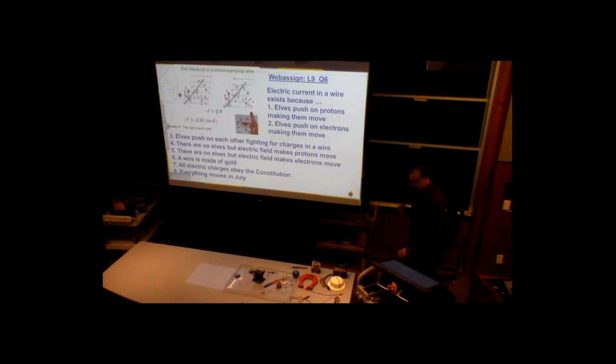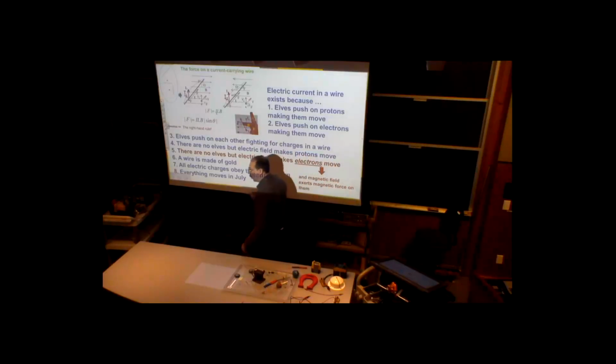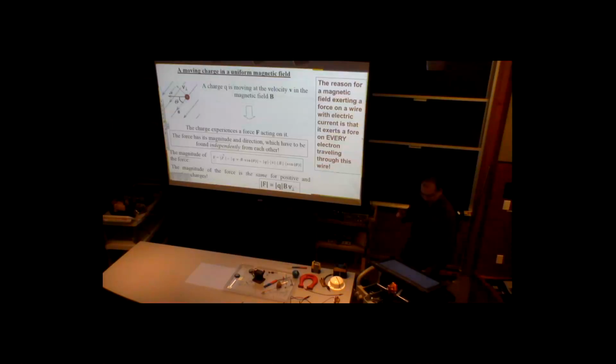So the reason magnetic field exerts a force on a wire with a current and does not exert a force on a wire with no current is because electrons are moving through the wire, which means in actuality magnetic field exerts a force on each individual electron, and then the net force makes it move. So magnetic field does act on a charge which travels through magnetic field. And this is how.